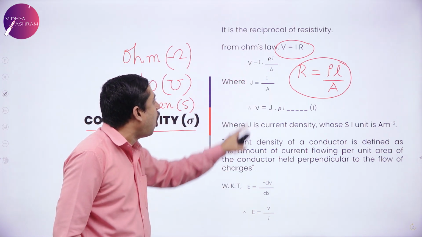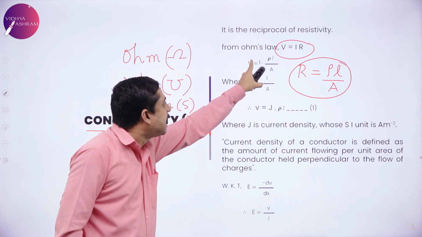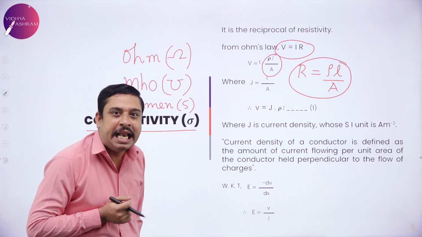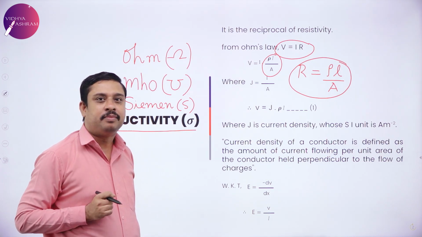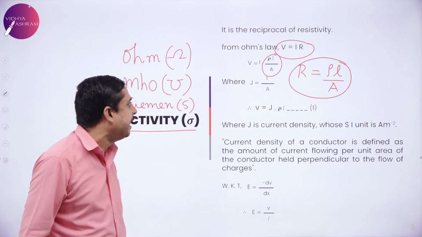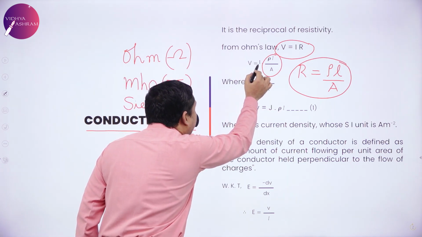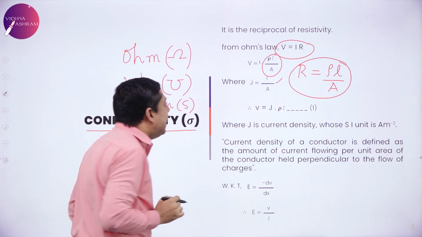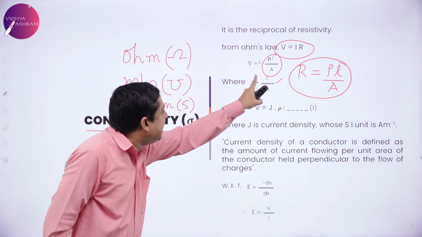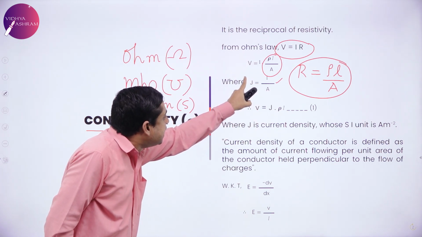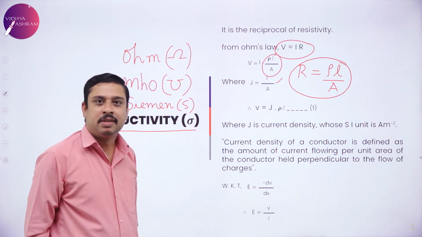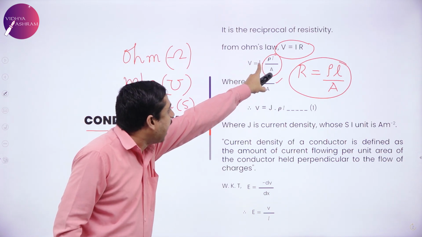Substituting in Ohm's law, V equals I, so instead of R, I write rho L divided by A. Now this is parametrically important. Analyze very carefully here. I have a quantity I divided by A, and that I divided by A is represented by the capital letter J. Observe carefully.